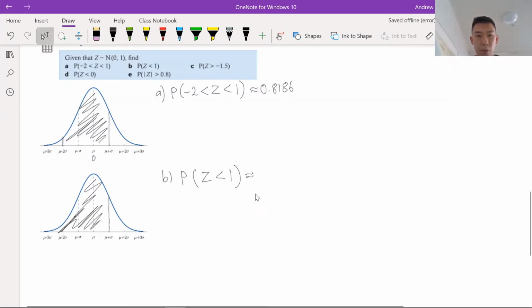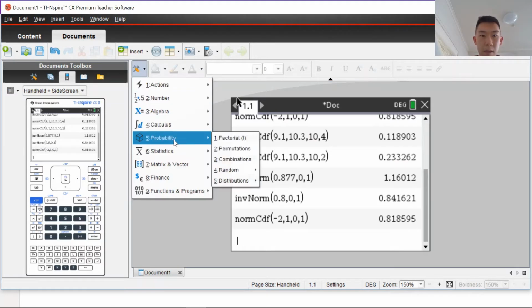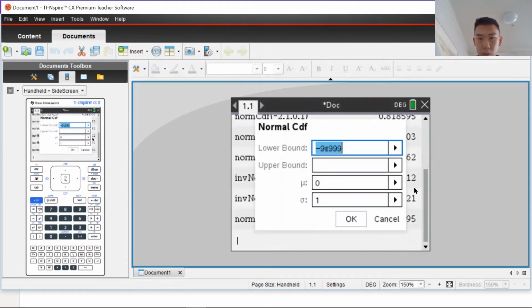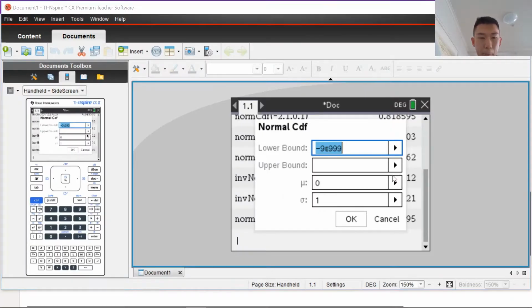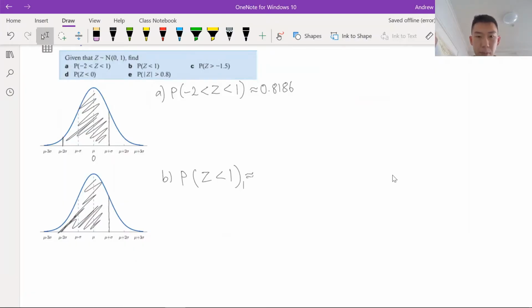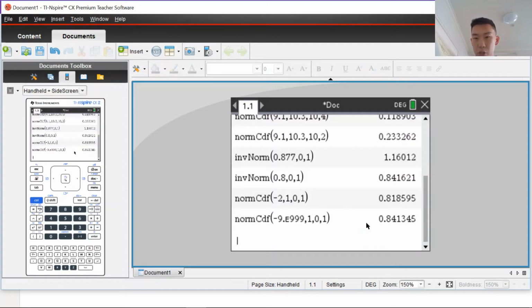We always go to 4 decimal places, so go back to the calculator. Probability distributions, normal CDF. Now our lower bound, we just want it to be basically as far as we can go, so a very, very, very small negative number. And our upper bound is just going to be 1. And mean and standard deviation don't change, so there it is, 0.8413.